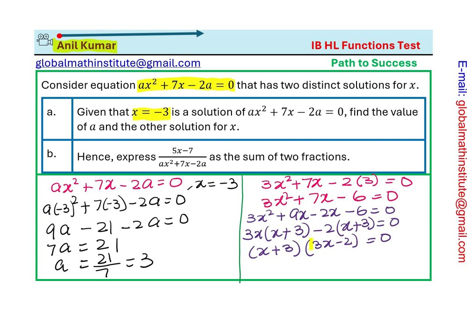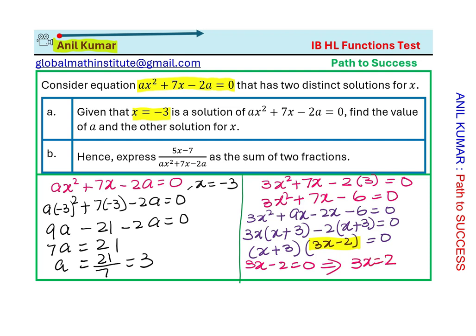So what you need to do is equate the second factor to 0 to find the other root for this parabola, right? So 3x minus 2 equals to 0 gives 3x equals to 2, or we get the solution x equals to 2 by 3. Makes sense. So x equals to 2 by 3 is the second solution of this particular equation.